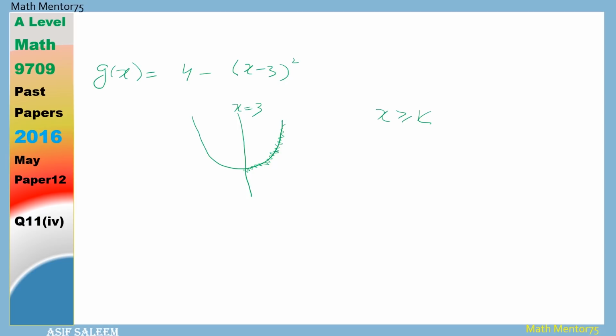It means our domain should be x greater than or equal to 3. So therefore the value of k will be equal to 3. This is the smallest value of x which will make g a one-to-one function, and in that way it would give us an inverse function.